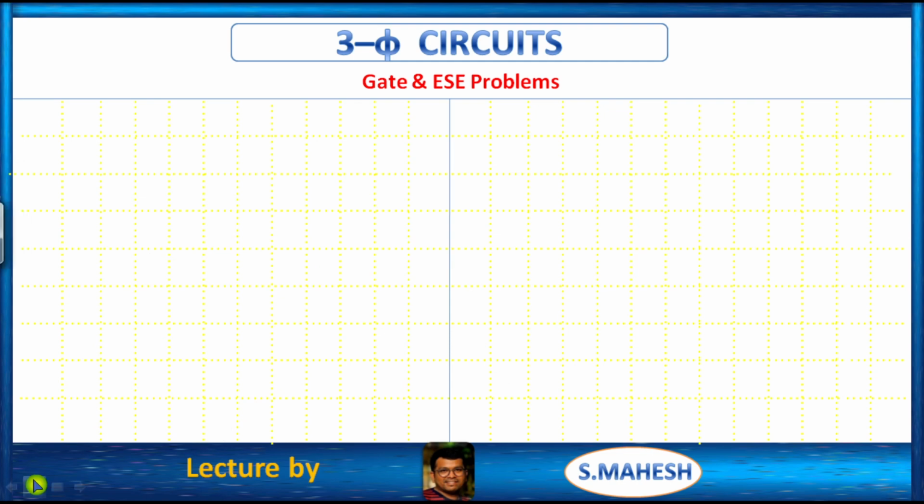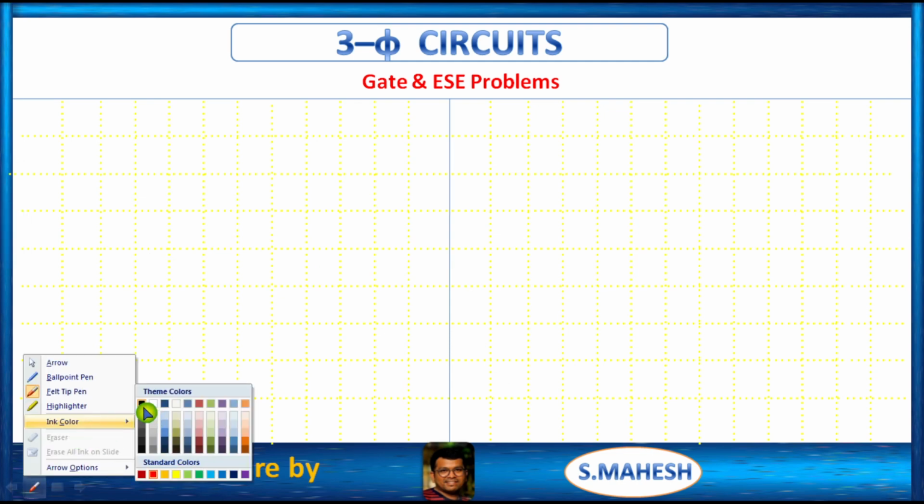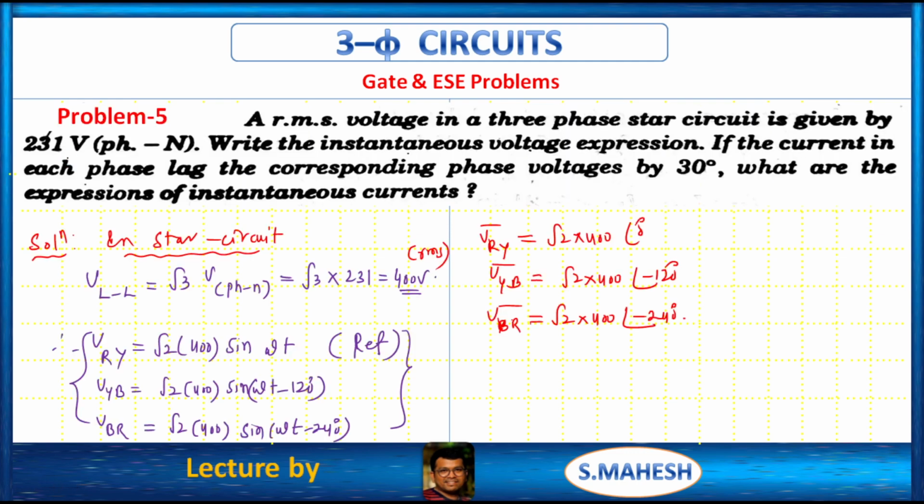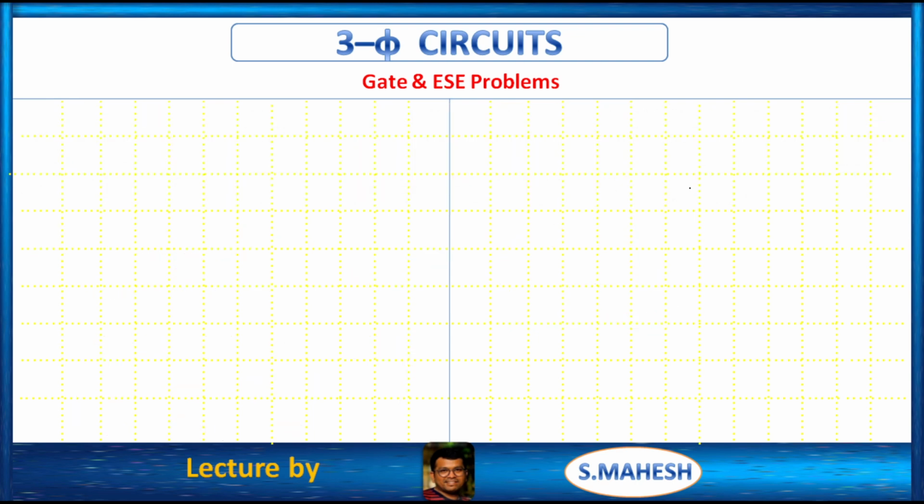We all know that in case of star connection, the phase current lags the phase voltage by 30 degrees. If the current in each phase lags the corresponding phase voltage by 30 degrees, that's why the power factor is lagging.